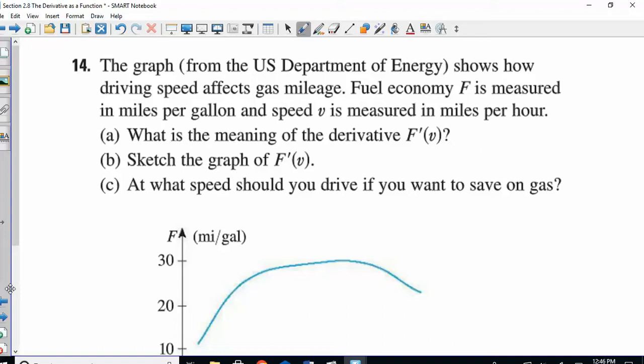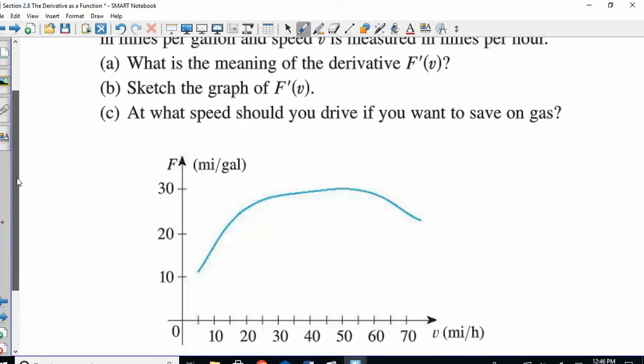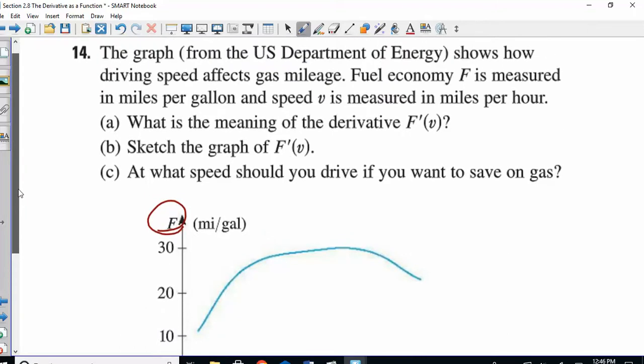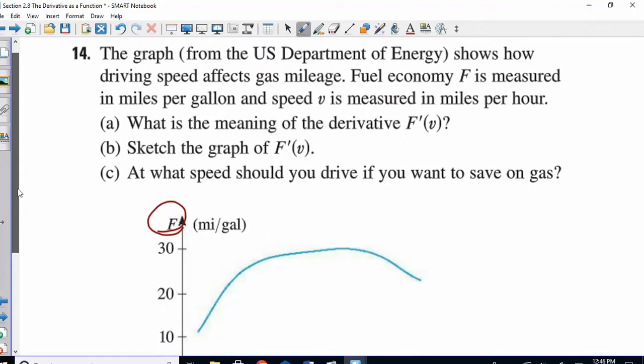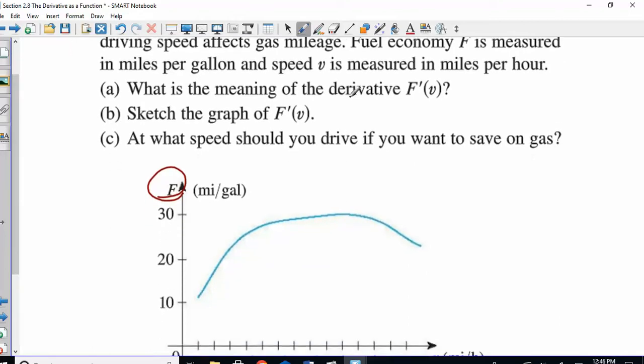Okay, so the graph shows us how driving speed affects gas mileage. Fuel economy is measured in miles per gallon. Speed is miles per hour. So this is the graph of f. This is telling me our fuel economy, miles per gallon.